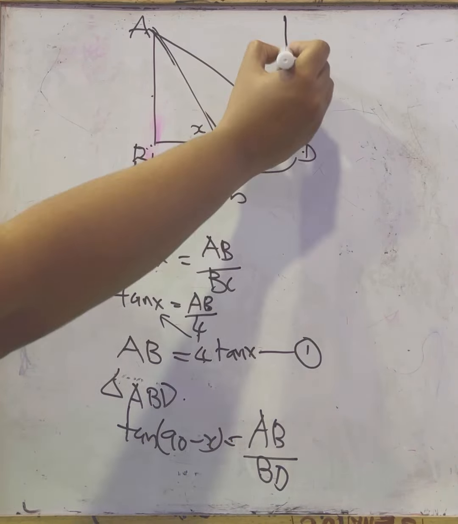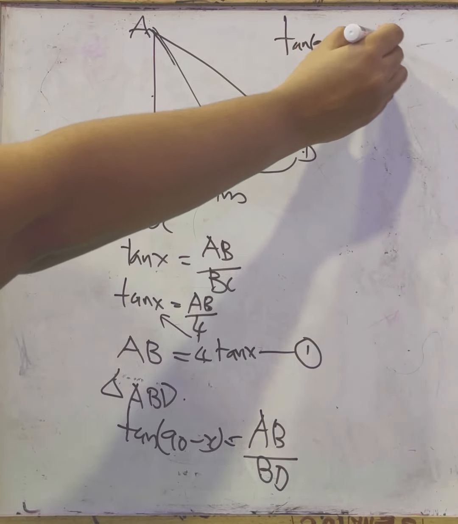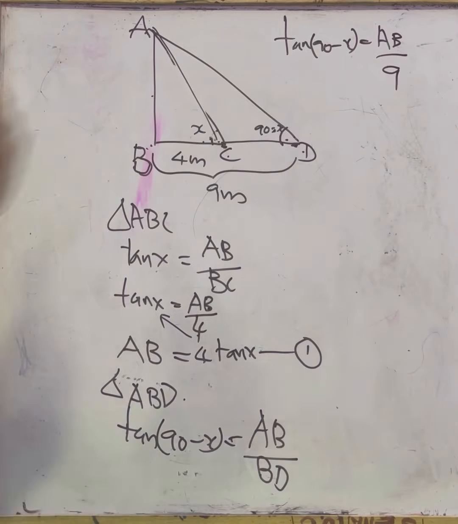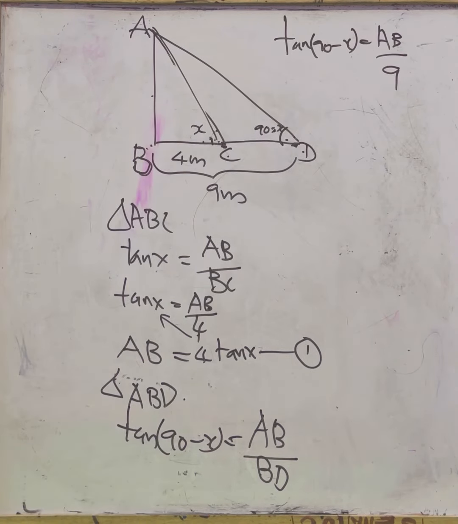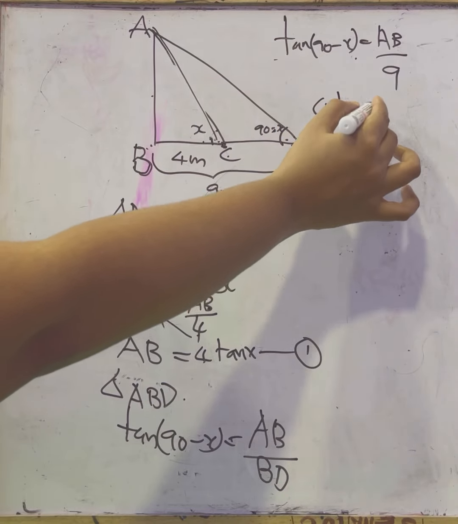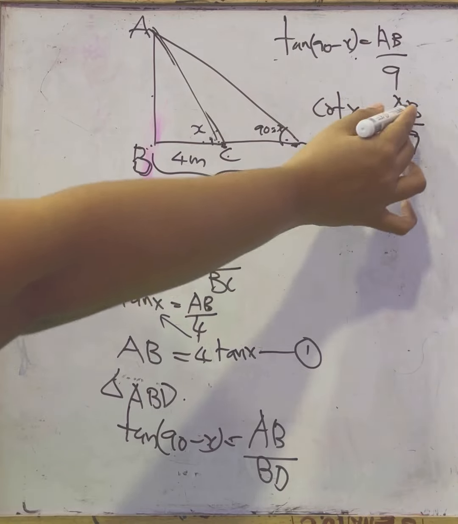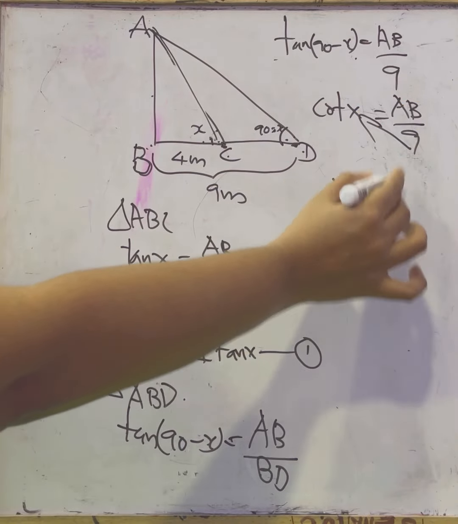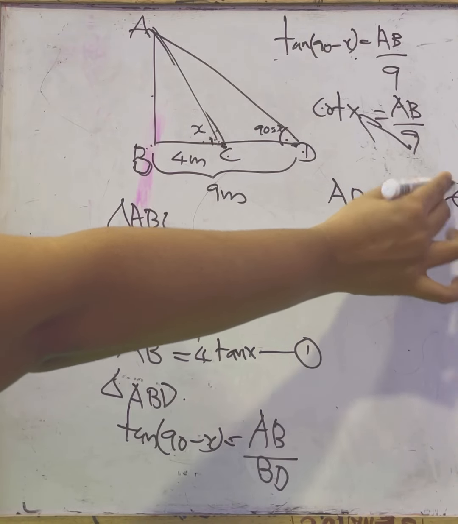So tan 90 minus x is equal to AB by 9. Now what is tan of 90 minus x? There is an identity. We know it is cot x. Tan 90 minus x is cot x. So instead of this we will write cot x directly is equal to AB by 9. Now rearrange it. Here again 9 is taken to the other side, AB equal to 9 cot x. This is the second equation.